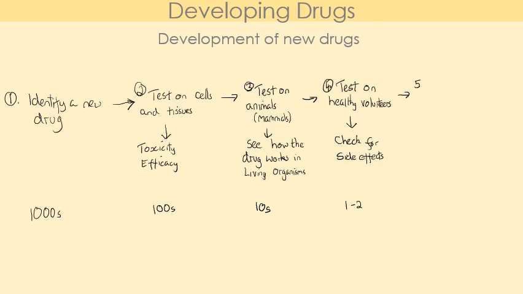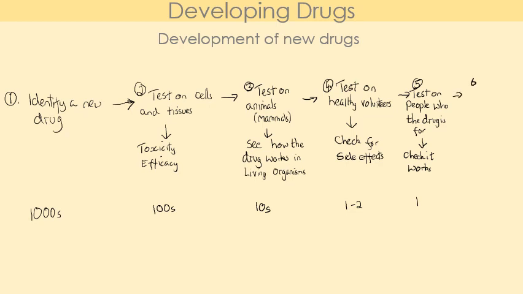Our next stage, we will test on people with the condition or infection or illness. So we will test it on people who the drug is for. And this is to check it works. Again, we might get maybe 1 drug that might potentially work, maybe 2.